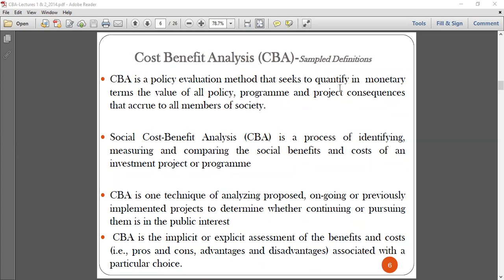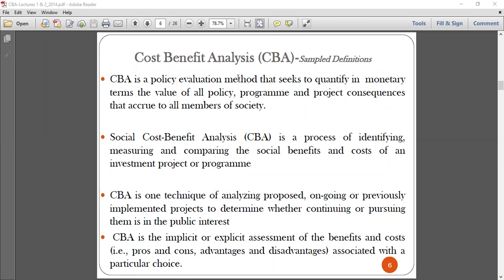So they are talking about quantifying costs and benefits, about public projects, and about the effects and consequences of these projects on the entire society, not just a private individual.